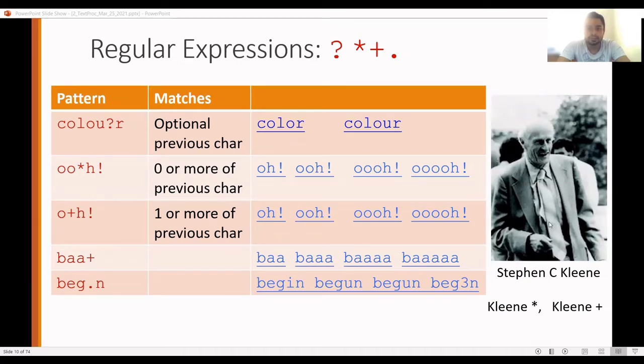For this, we use the question mark, which means the preceding character or nothing. For example, in the first set, colou?r, a question mark is there after the letter U, which means optional previous character. Both the word color with a U in it and color with no U in it get matched.